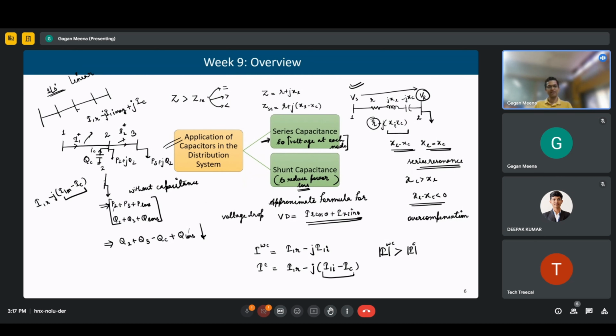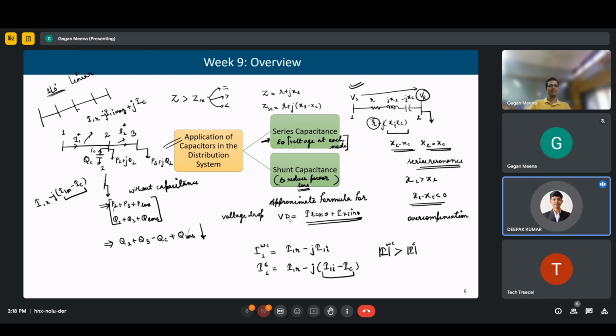Because this reactive power current requirement is being supplied partly by the capacitor current. So I1C reduces the current drawn from the substation. It reduces, and if it reduces, then the power loss will also reduce. And if the current drawn is reducing, there will also be a little bit of voltage improvement.